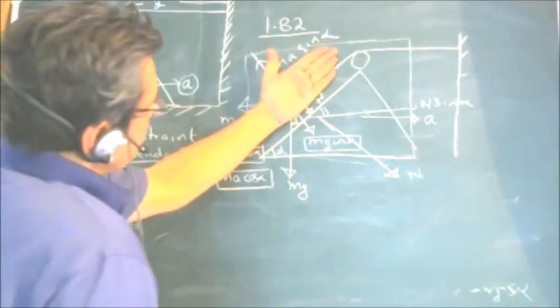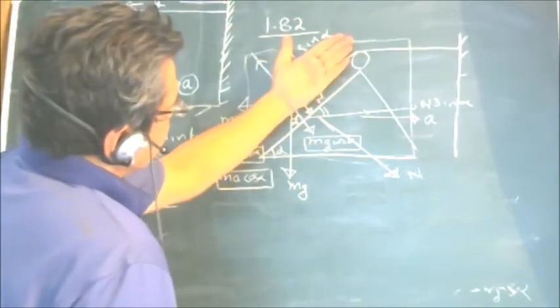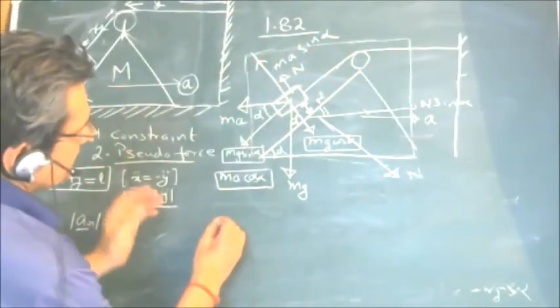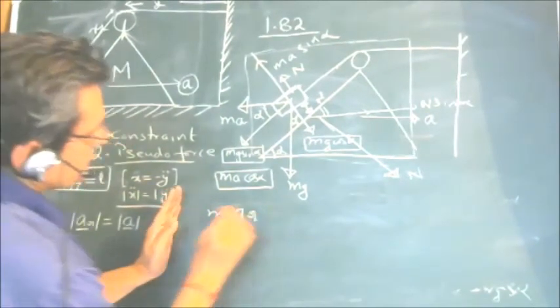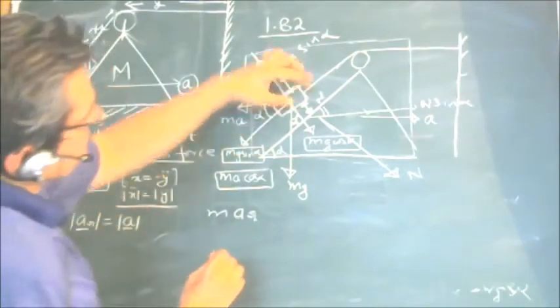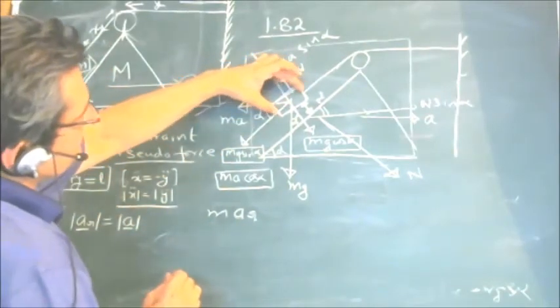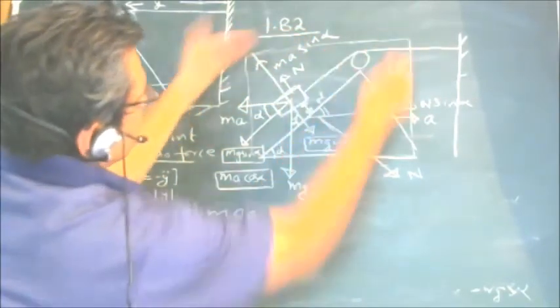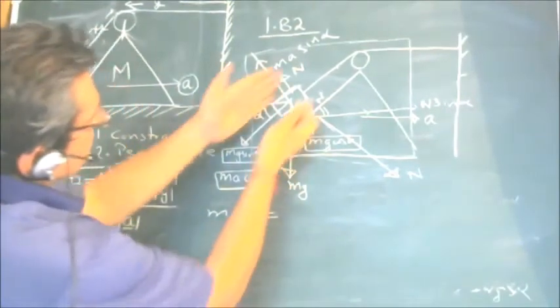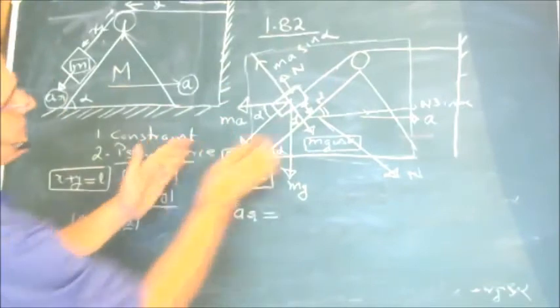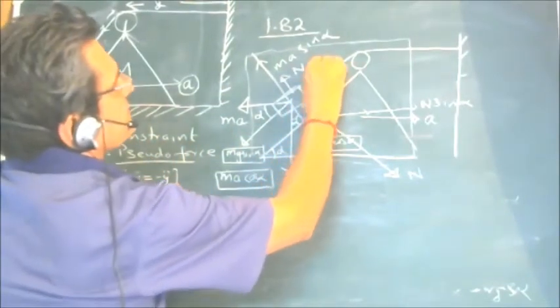When we write the components of forces and acceleration in this direction, m ar is equal to a, we'll write later on. This mass is moving with acceleration ar in this frame, and it will be equal to... what are the forces in this direction? Oh, we have to take the tension also.